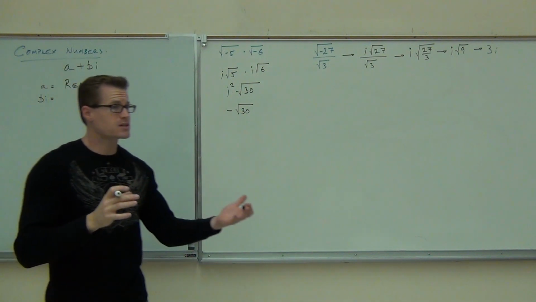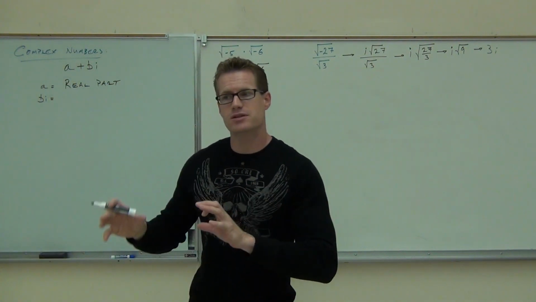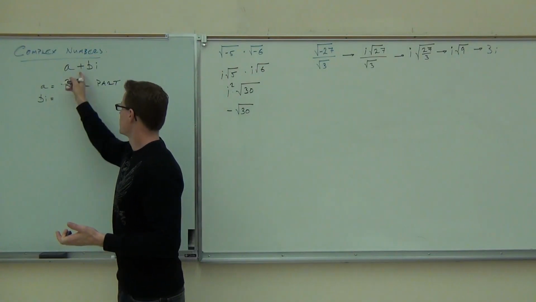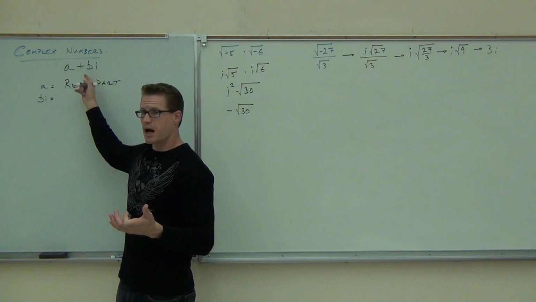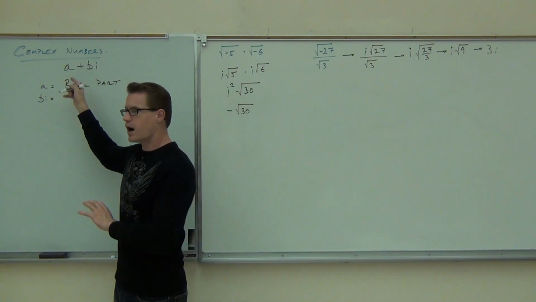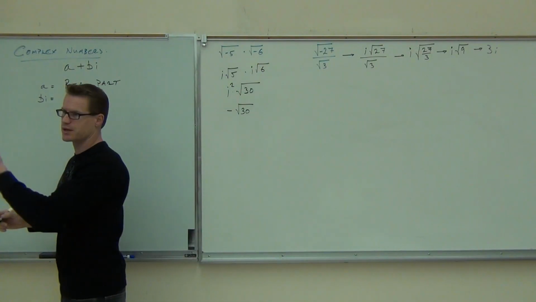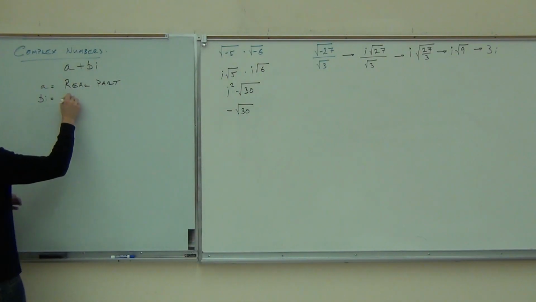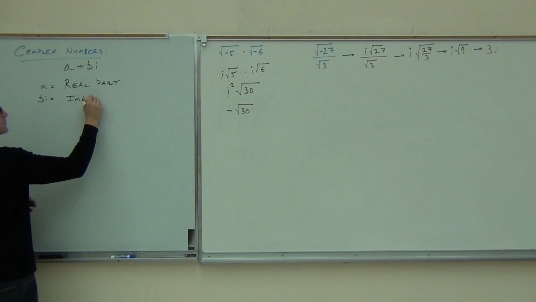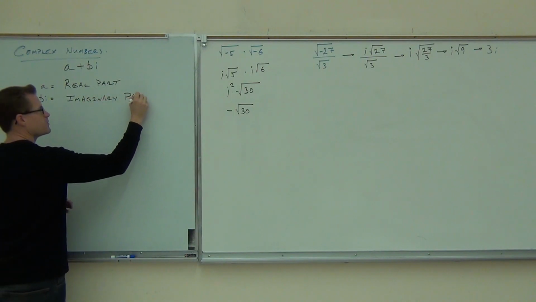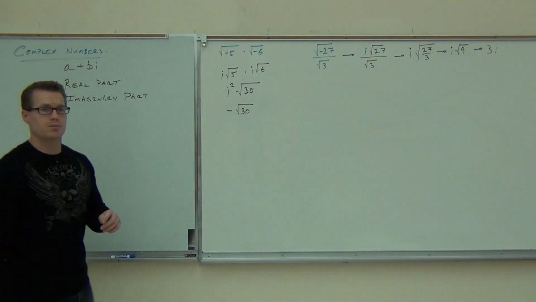Bi, well, the i is imaginary. So the bi, that's our imaginary part. So we're going to have something like 3i, or negative 4i, or the square root of 7i, or i root 7 is how we'll really write it. This is the imaginary part. If we pair them up like this, we get a complex number.